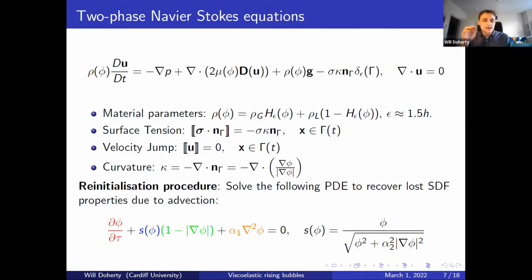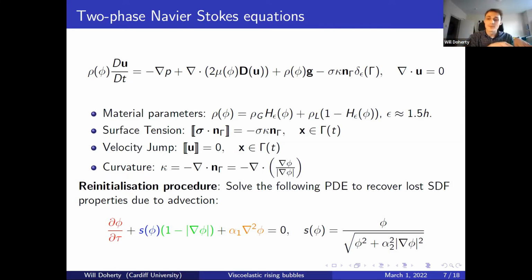And then a key equation that we also need to solve in tandem with these is a reinitialization equation. As I mentioned before, the signed distance function has a really crucial property. It has that eikonal property that the absolute value of the gradient is equal to 1. As the level set function gets advected through space, due to the hyperbolic nature of the advection equation, it starts to lose this property. The gradient starts to increase, and it gets more and more unstable.